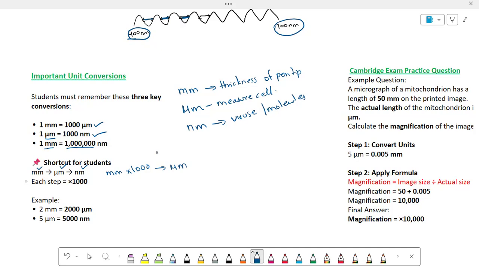And if you want to convert micrometer into nanometer, you multiply micrometer by 1000 and you will get nanometer. So here is an example: 2 millimeter is equal to 2000 micrometer and 5 micrometer is actually 5000 nanometer.